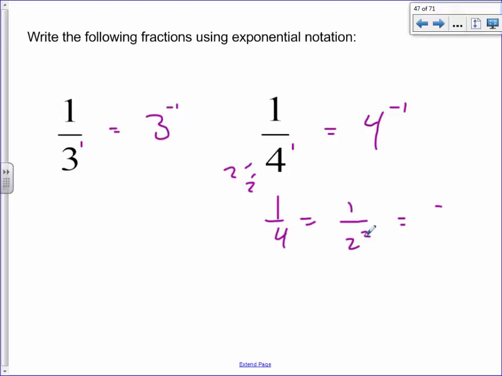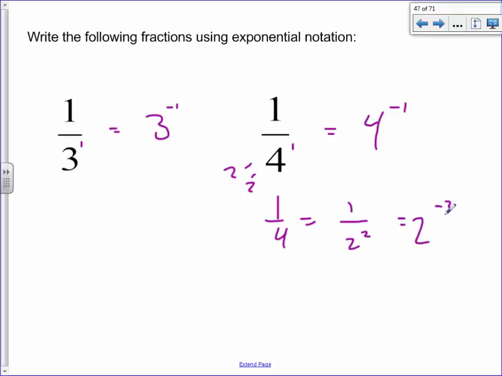Well, the exponent could be 2 if I let the base be 2. This would also do. Rather than having 4 to the negative 1, I can actually go 2 to the negative 2. That would actually work just as well. Because isn't 4 really just 2 2s? Since it's on the bottom of a fraction, the rule is we actually make it a negative exponent.